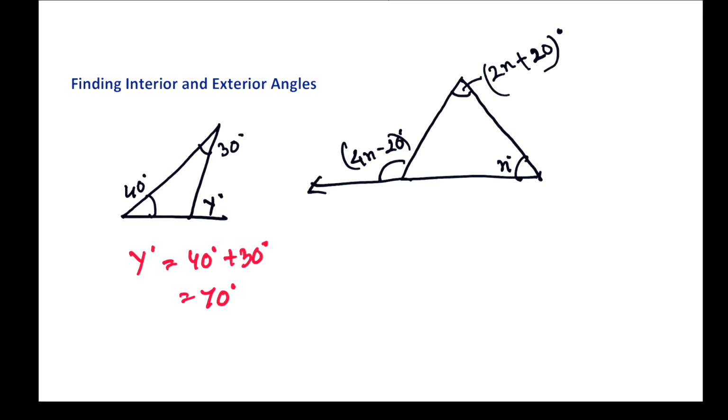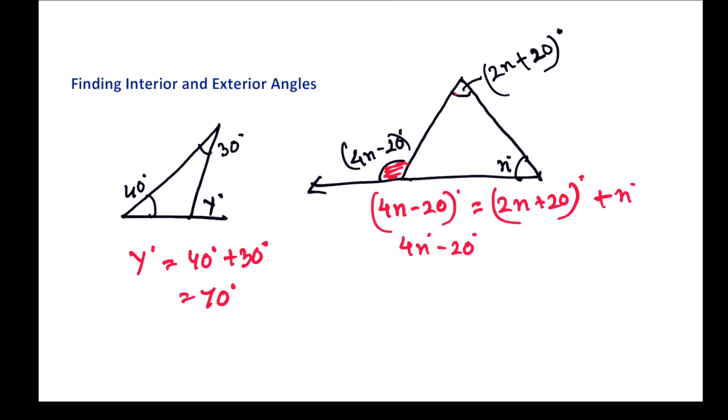So this is a triangle. The measurement of the exterior angle is 4n minus 20 degrees, and the interior opposite, or non-adjacent, angles measure n degrees and 2n plus 20 degrees. We have to find the value of n, and also the interior angles and the exterior angle. According to the exterior angle theorem, 4n minus 20 degrees is equal to 2n plus 20 degrees plus n degrees. So 4n minus 20 is equal to 3n plus 20.